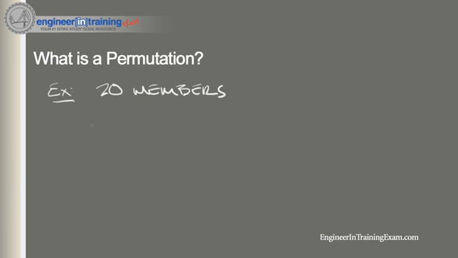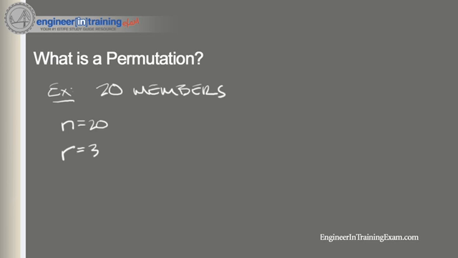So we first need to define n. So n is the number of members we can choose from, and in this case we have 20 members. Of those 20 members, we want to choose 3 for the positions: the president, the vice president, and the speaker. So since we're choosing 3 at a time, r is going to equal 3.